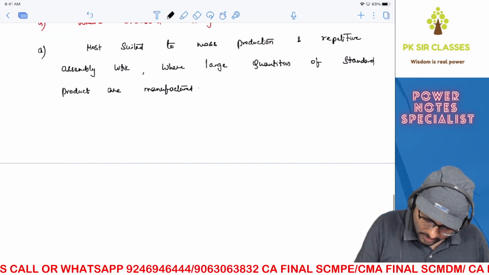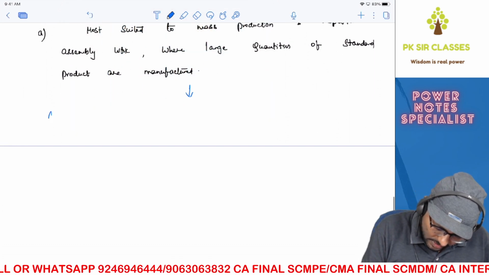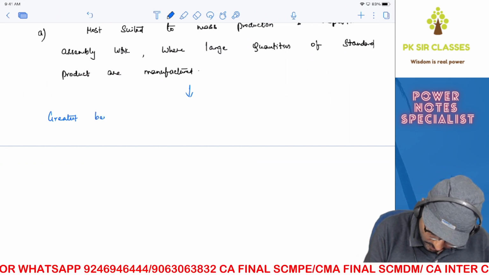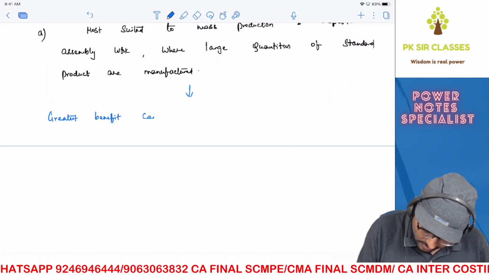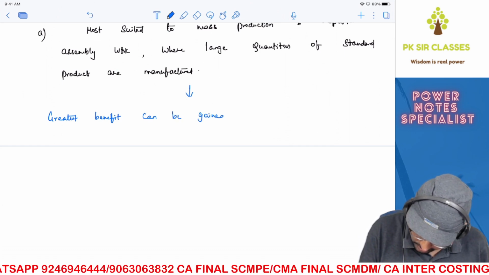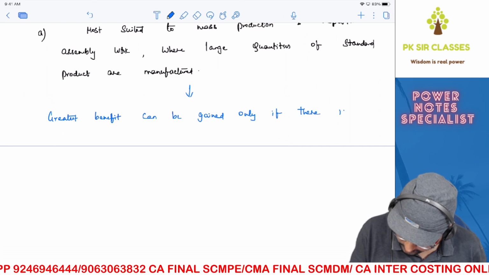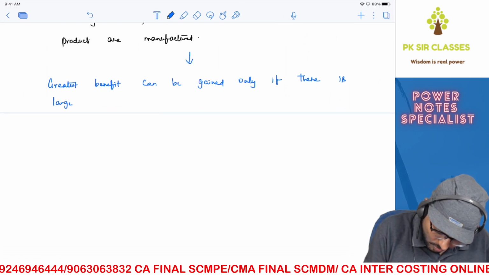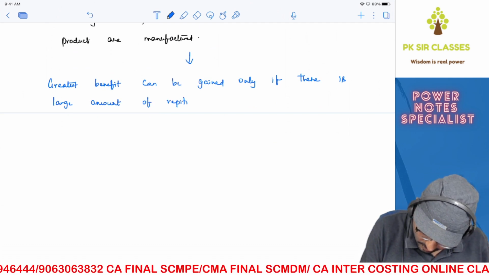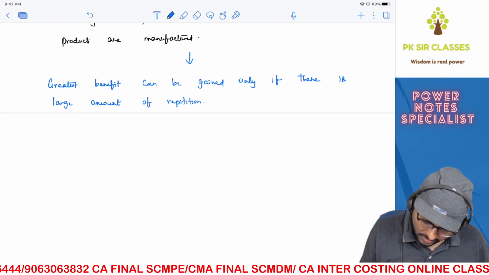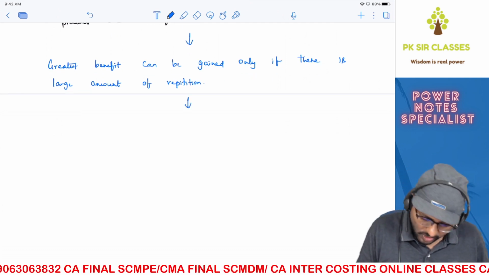So from this, what you've got to understand is that the greatest benefit can be gained from standard costing only if there is a large amount of repetition. Only if there is repetition, what happens?